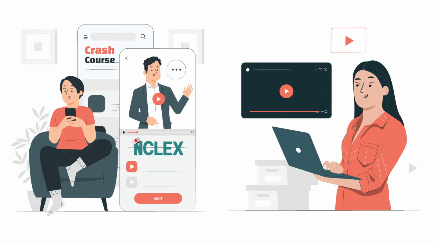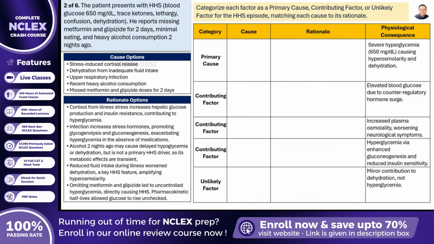All right, now let's dive into the topic. It says here the patient presents with HHS, blood glucose of 650 milligrams per deciliter, trace ketones, lethargy, confusion, dehydration. He reports missing metformin and glipizide for 2 days, minimal eating, and heavy alcohol consumption 2 nights ago.